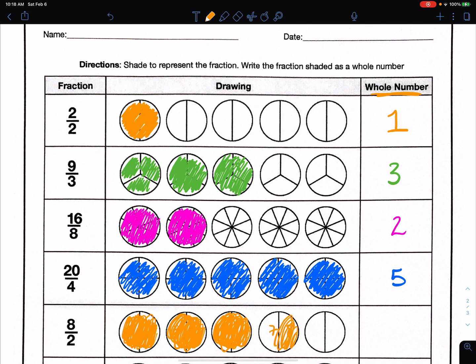And shade this last one. So looking back, I have 1, 2, 3, 4 wholes shaded.